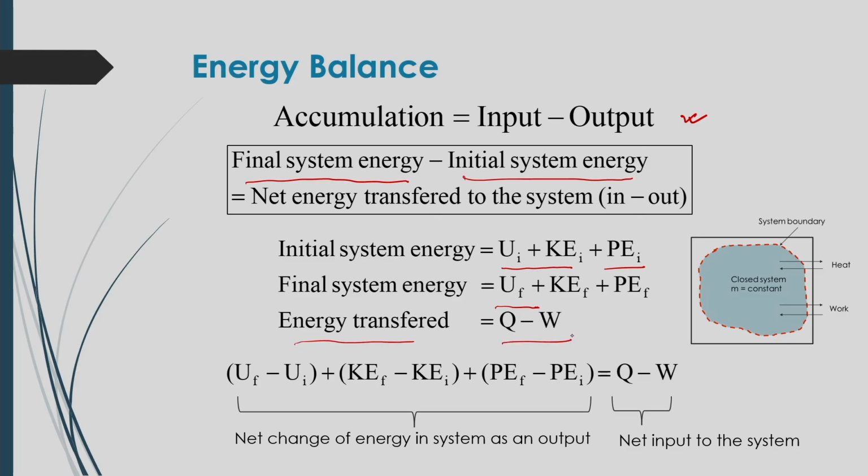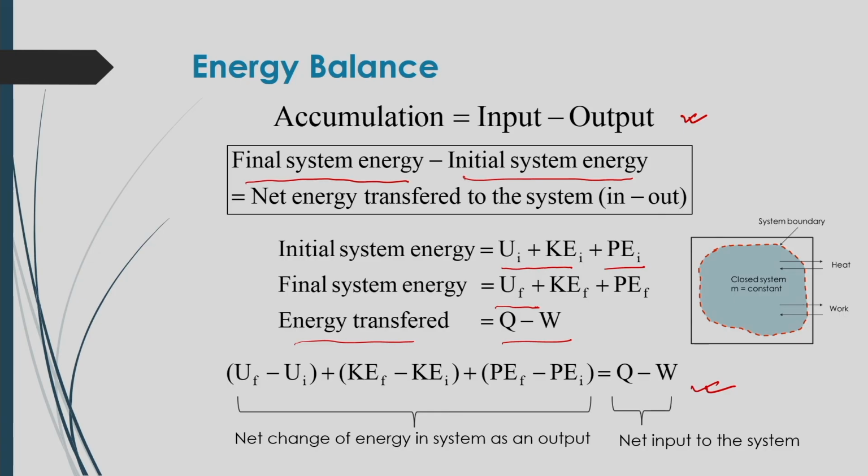If you substitute these quantities in the energy balance equation, we can write the equation. The net change of energy in the system is brought about by supplying energy to or losing energy from the system.